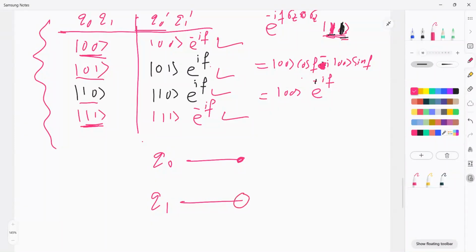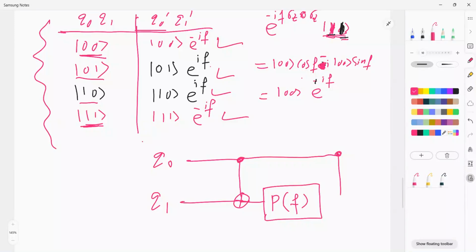So it means I have to apply a phase gate, a phase F, if one of the qubits is 1. And let's see what happens.